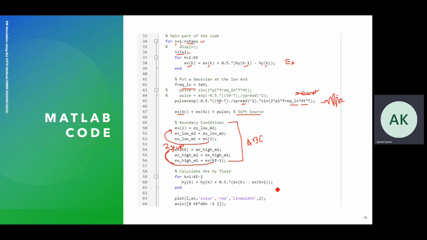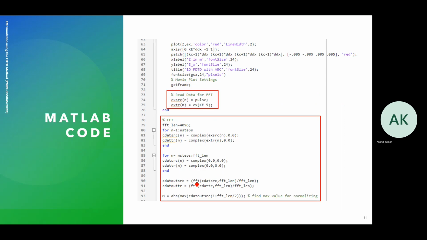Then again we update the magnetic field over here, HY update. And then we start plotting the electric field. This is the variable that we created for plotting, modifying the plot window just to make it look better, making it more beautiful and so on.